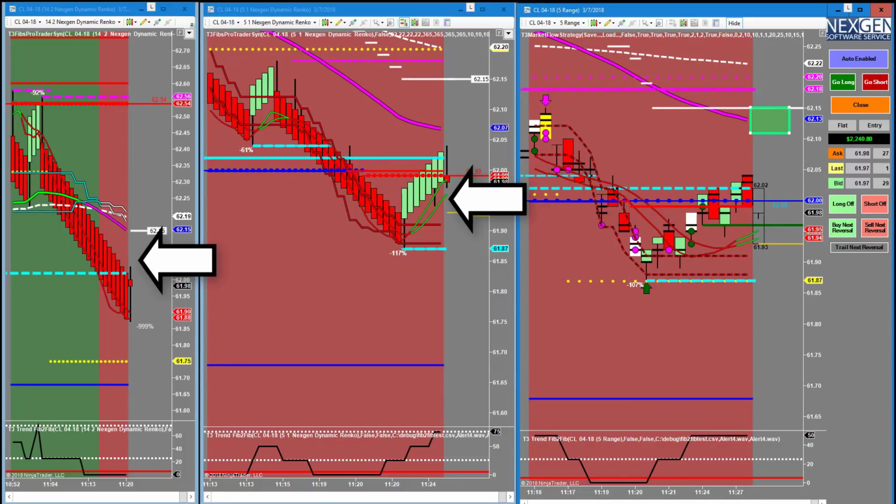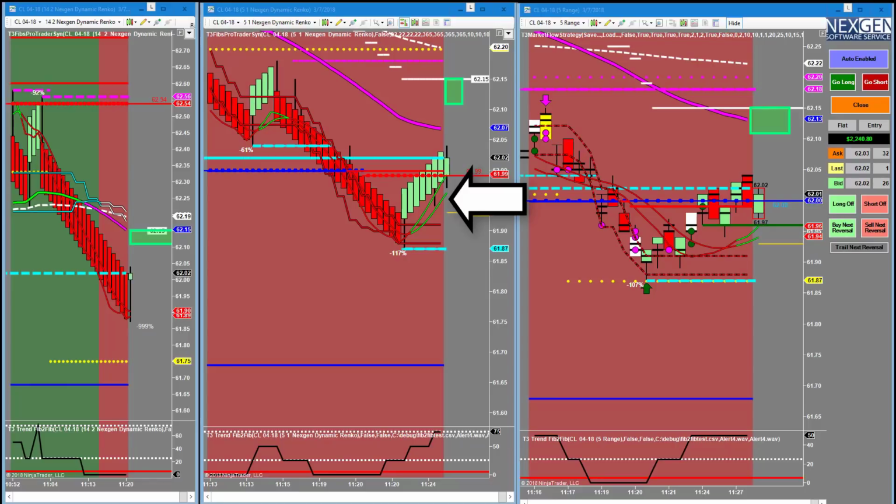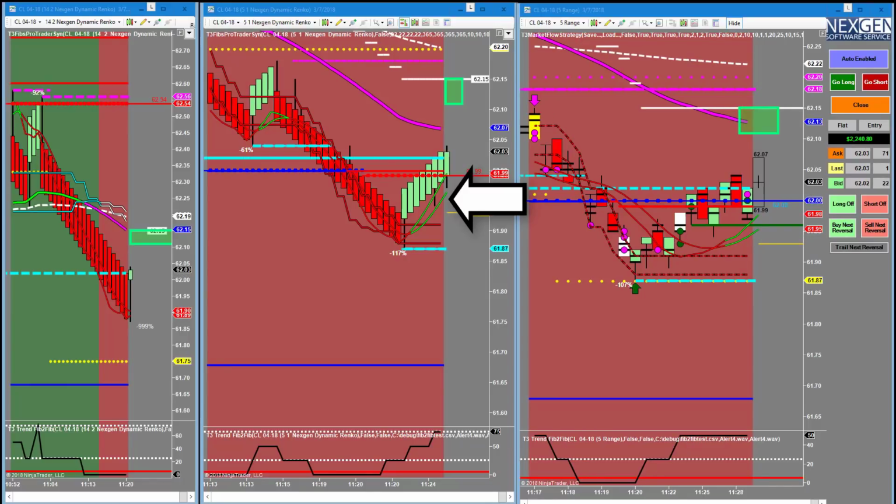Now, the one thing that the new user will make the mistake of is they're going to go too early. They're going to fail to recognize that our small triggers are above the synthetic triggers. So they're going to be short right now, and they're going to be going, man, why is it not going down?